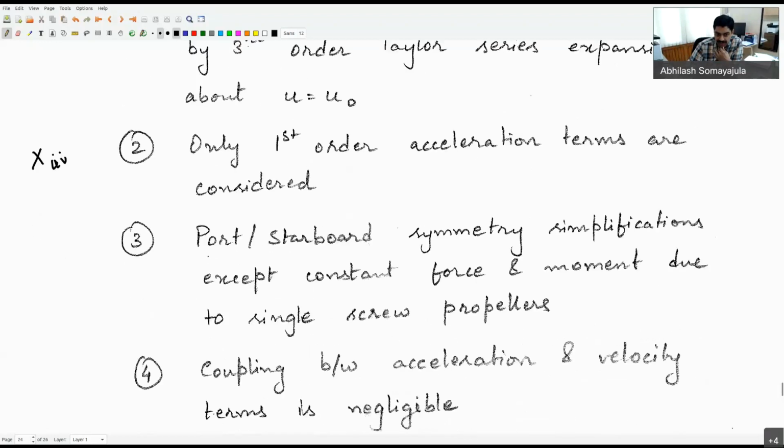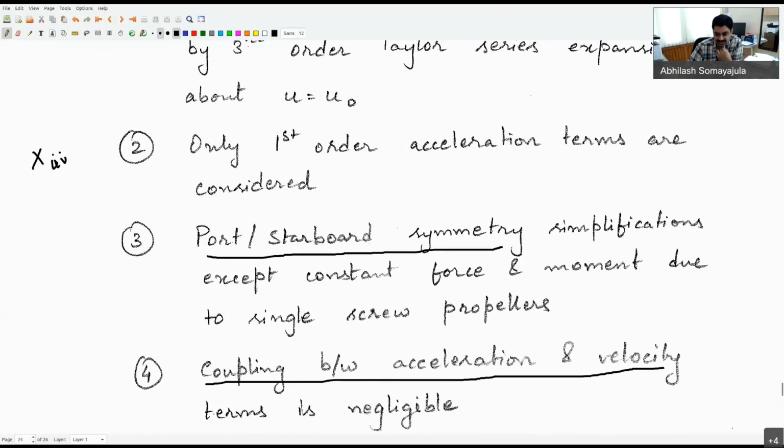Then we are also looking at port starboard symmetry, and that will simplify certain of these forces. And finally, we are assuming that the coupling between the acceleration and the velocity terms is negligible, which means we will not have terms like Y v dot r. Such terms will not be there. Coupling will only exist between the velocities.